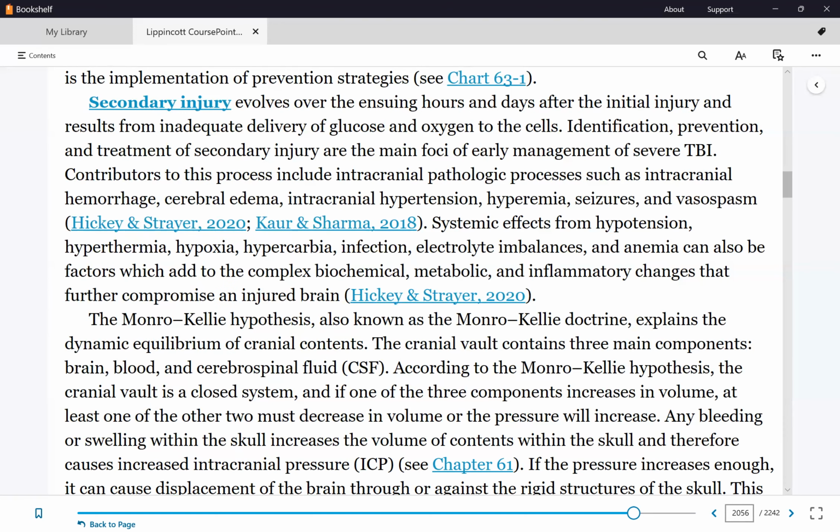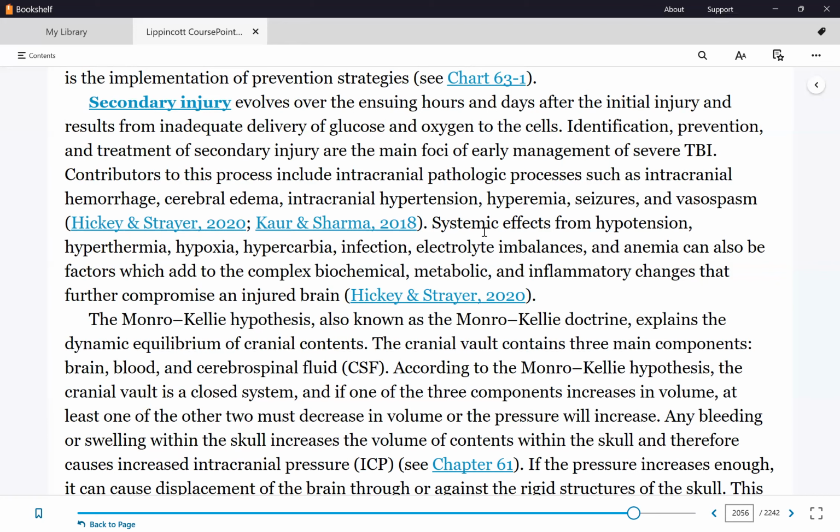Electrolyte imbalances. Particularly, let's say your sodium is low. What will happen to ICP? When you have hyponatremia, imagine osmosis. If your blood sodium is low, where will water go?